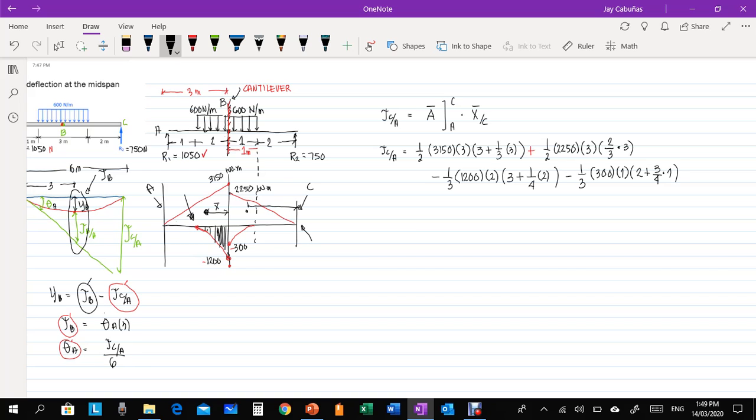So the centroid of this is 3/4 from here. While this plus this, how long is it? 2. That is 2 plus 3/4 of 1. Okay? So therefore, the answer is equal to what? Calculate.